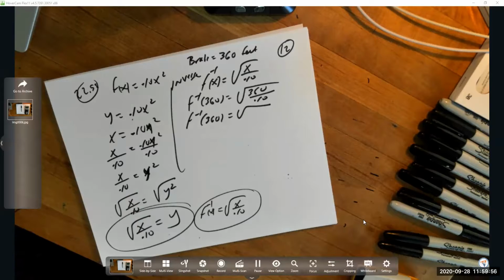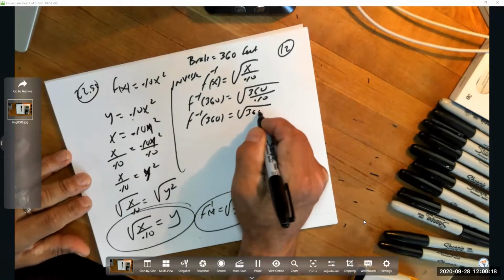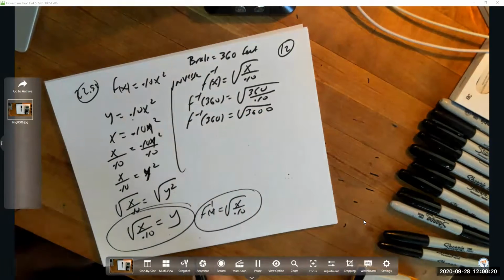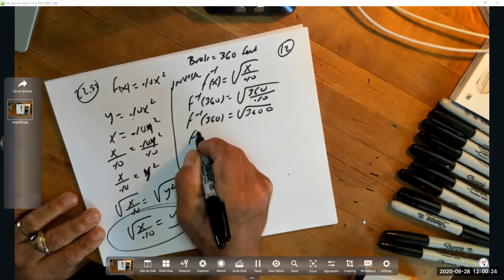What'd y'all get? 3600. And the square root of that number, do it in the calculator.